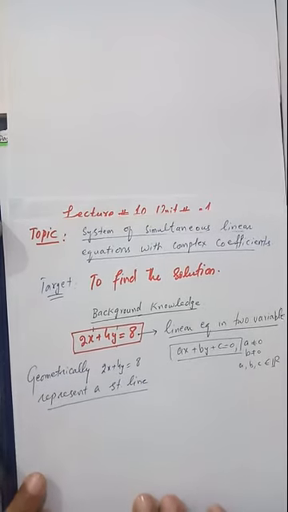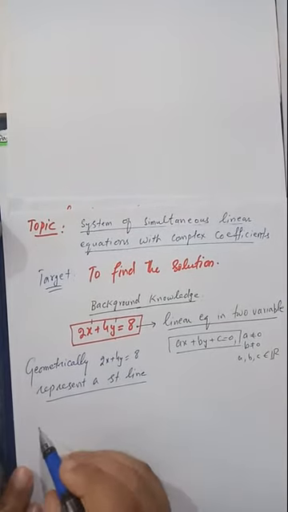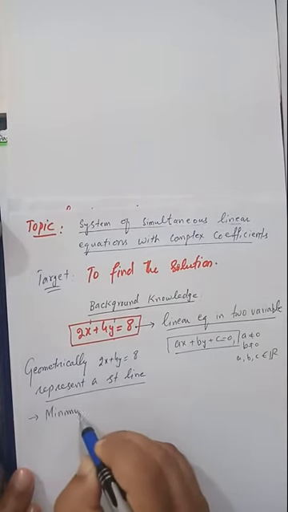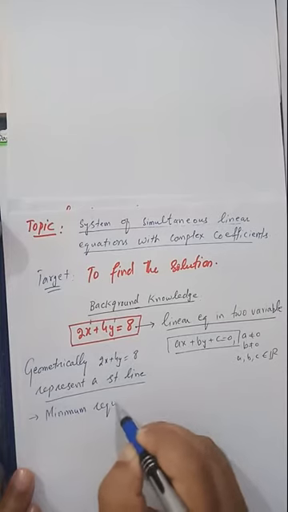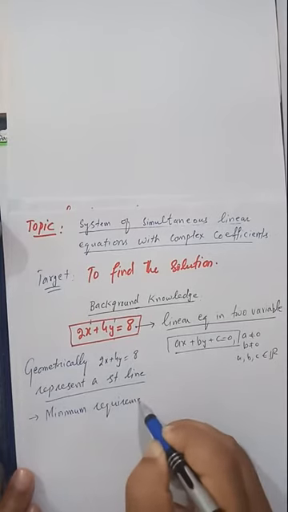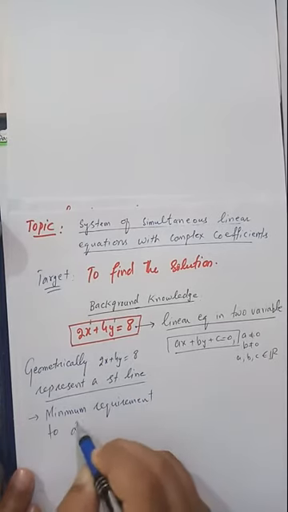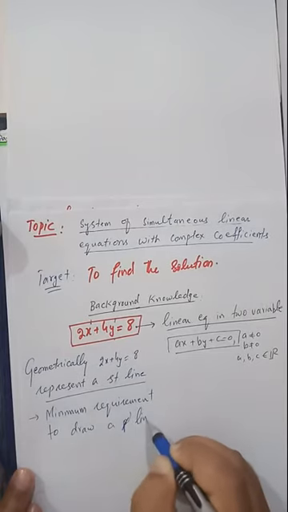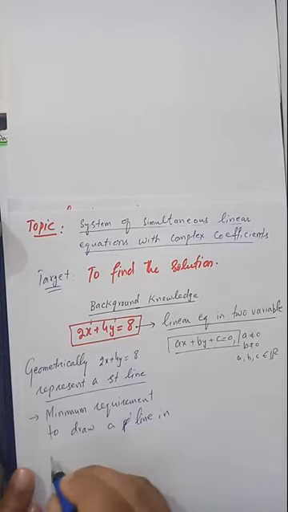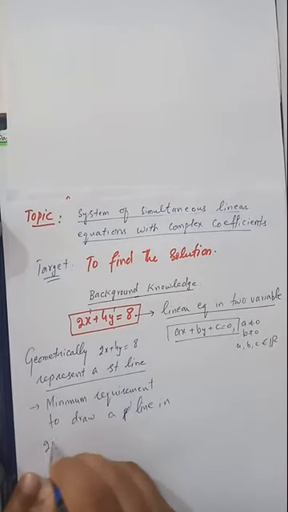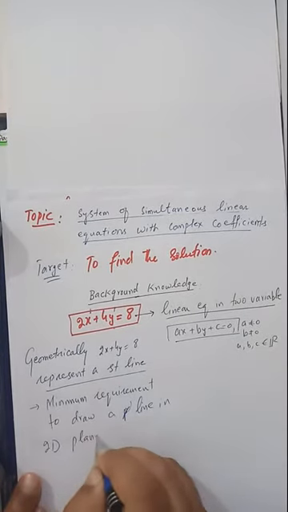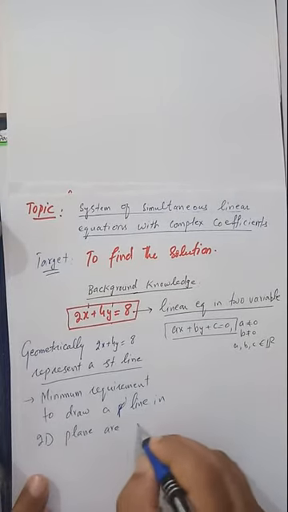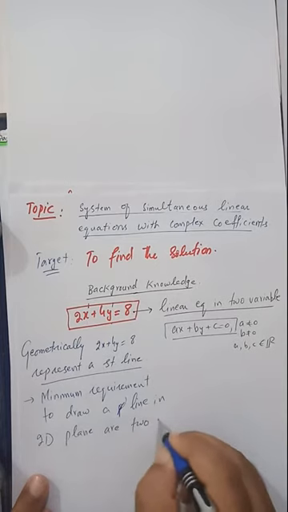So the minimum requirement to draw a line in a two-dimensional plane is 2 points.